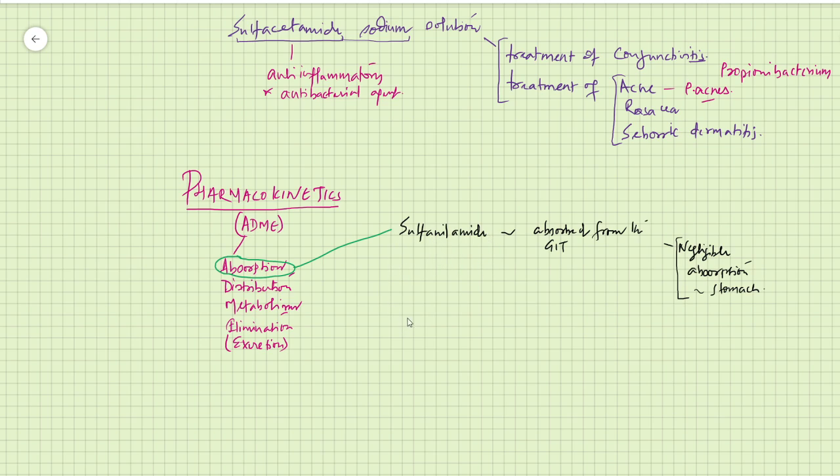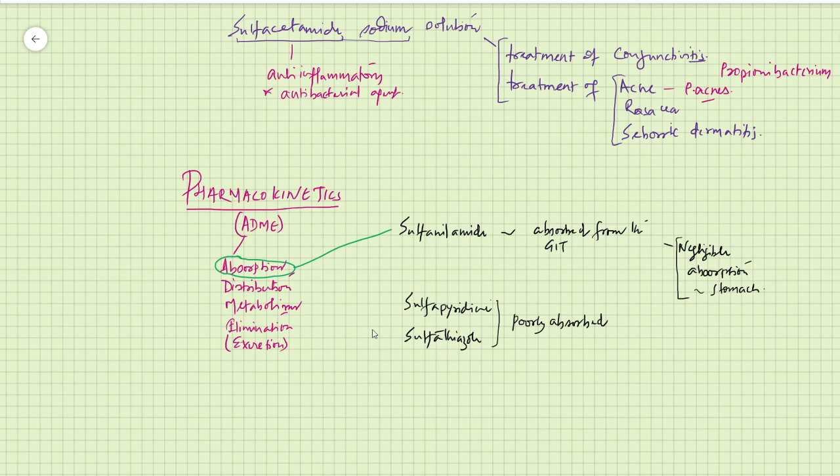And there are some drugs like sulfapyridine and sulfathiazole that are poorly absorbed, though sulfathiazole is better absorbed than sulfapyridine.